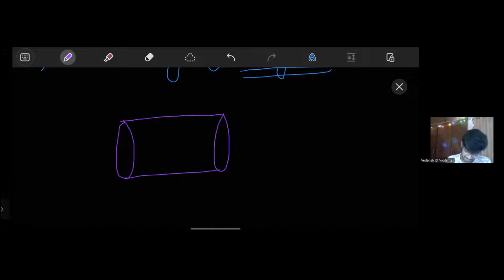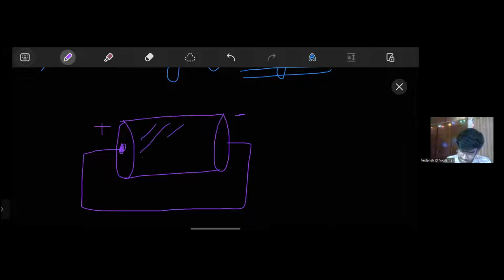And here is the positive pole, right? And here is the negative pole, and it is connected to some circuit. Now, what actually lies inside this cell? There is an electrolyte solution present inside this cell, which is non-rechargeable.